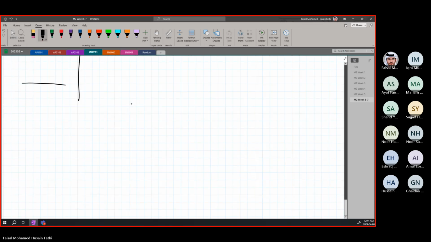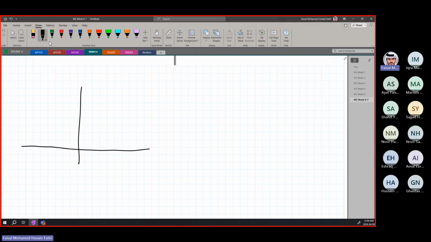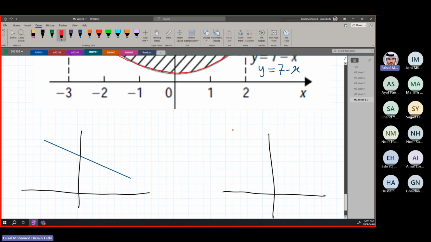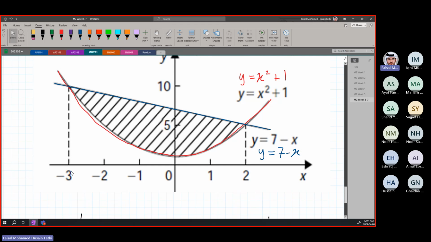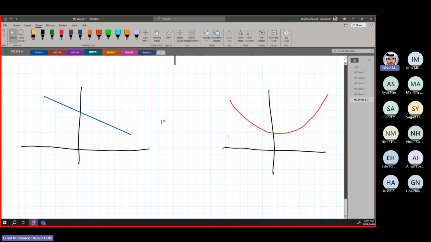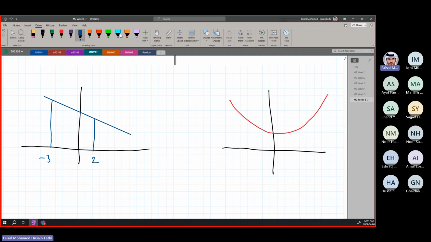If I draw them separately, this was the blue straight line, and this is the parabolic line. If we are trying to find the area from -3 to 2, why? Because this is their intersection point. This is where they're intersecting. So let's say we're trying to find the area from here, which is -3, and here, which is 2. So we're trying to find this area.